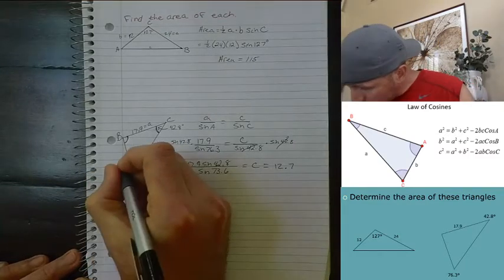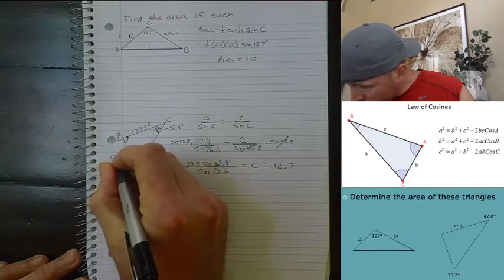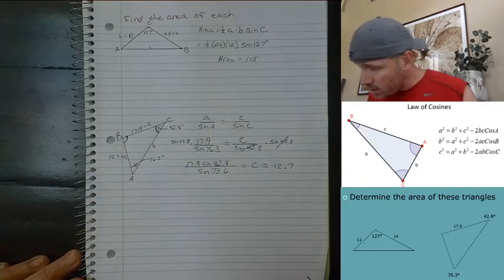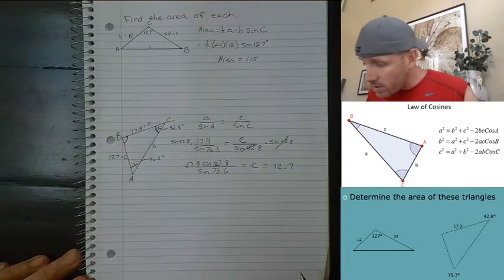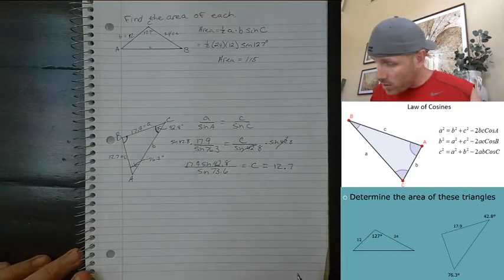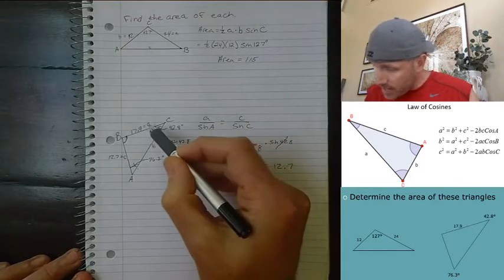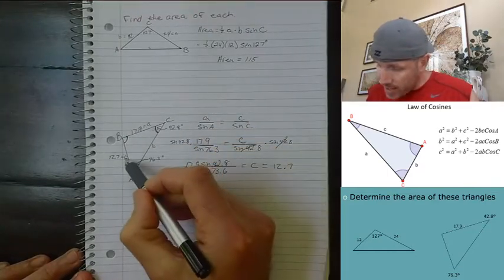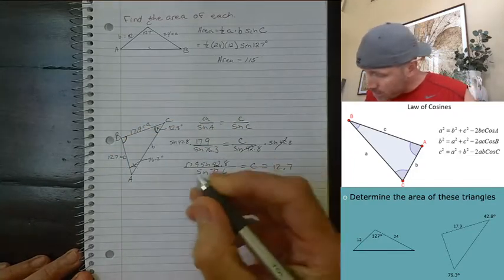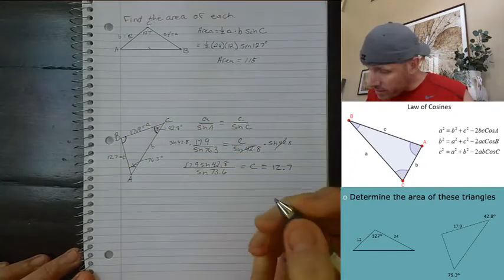So now we've got C is equal to 12.7, and we can go ahead and use one of our area equations now, where we need to use side A, side C, and we need the sine of B. So we need to figure out what B is first, right?